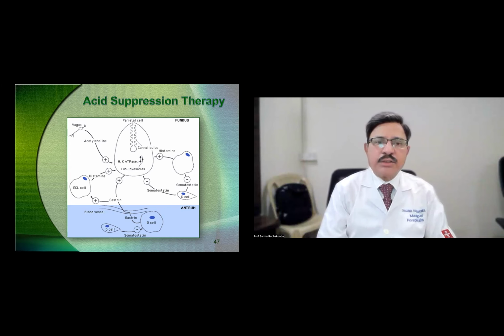This acetylcholine is also a potentiator of acid secretion. That is why anti-acetylcholine agents like atropine or parasympatholytic drugs are useful in the treatment of acid disease to some extent.